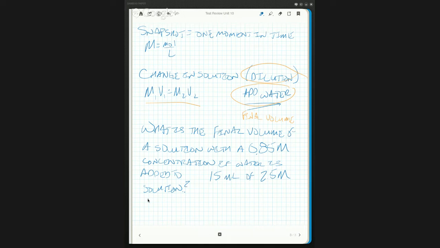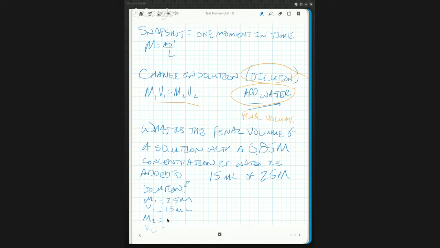But for this right now, M1, V1, M2, V2, the way we said that. M1 and V1 are always the higher concentration, lower volume: 2.5 molar and 15 milliliters. Then, because you're diluting it, you're going to a lower concentration and a higher volume.